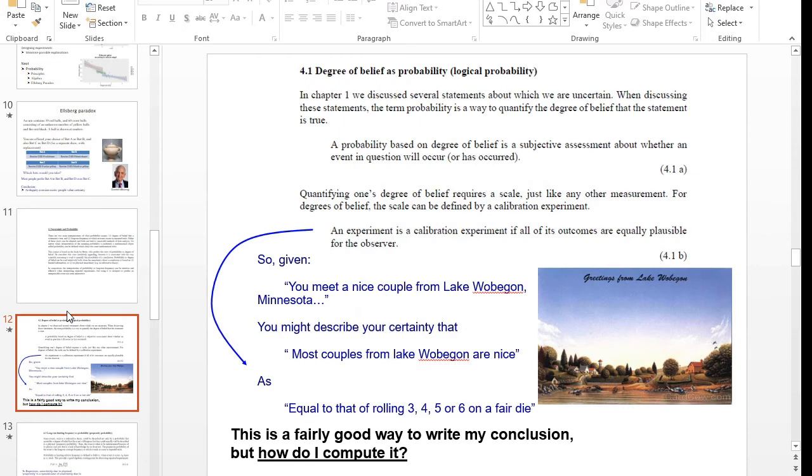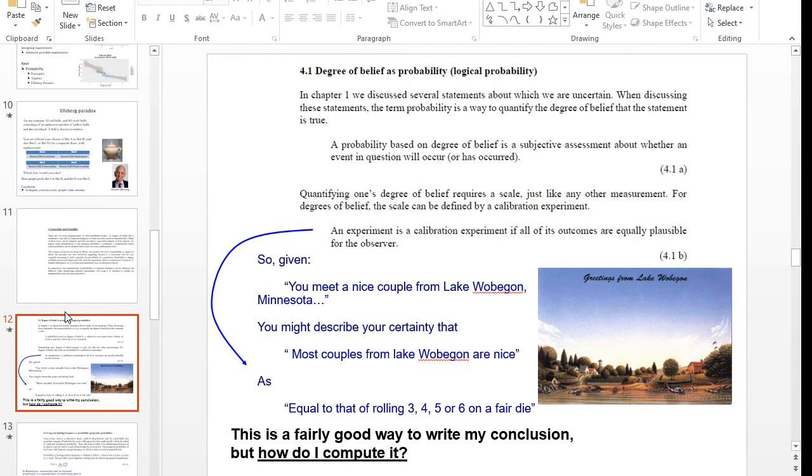4.1, my degree of belief as probability, or we could also call this subjective logical probability. I gave you at the start of this course some statements about which we might be uncertain. For example, given the data, you meet a nice couple from a town called Lake Wobegon in Minnesota.